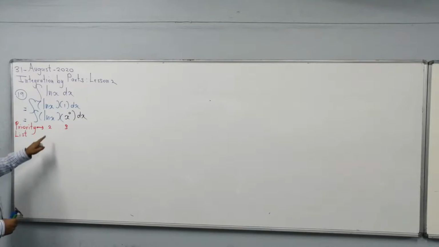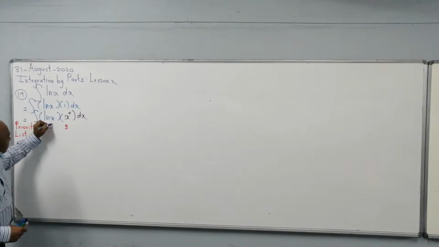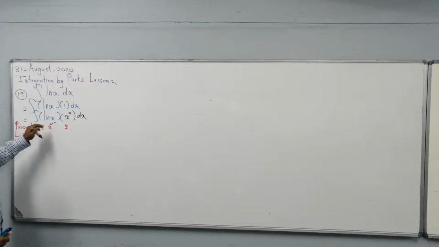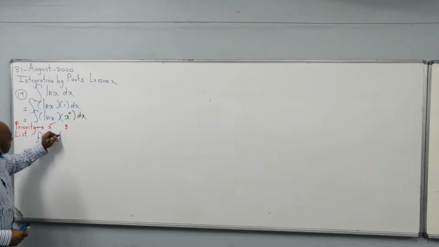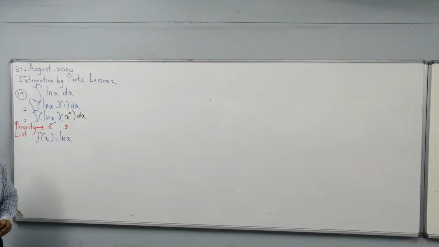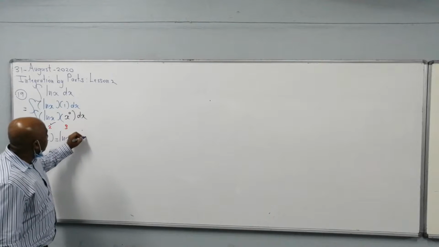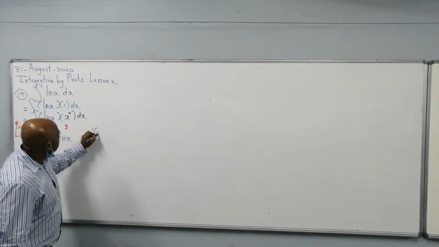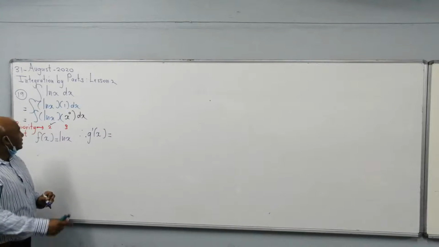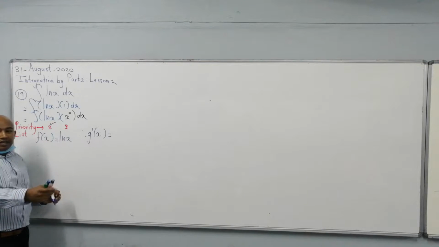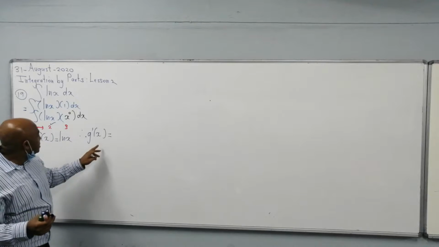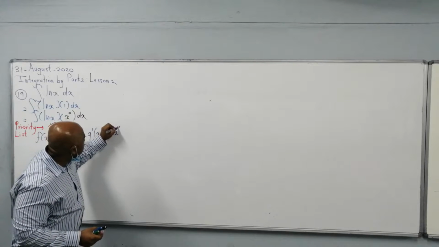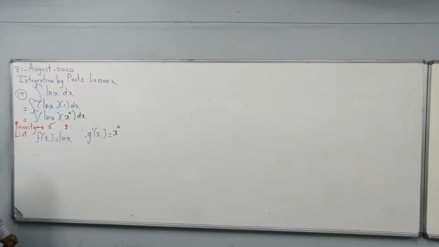So obviously, this one here is going to be f of x, which is ln x. So I'm going to go f of x is equal to ln x. Therefore, once I got my ln x, the other factor is automatically g prime x. So g prime x is x to the power 0.